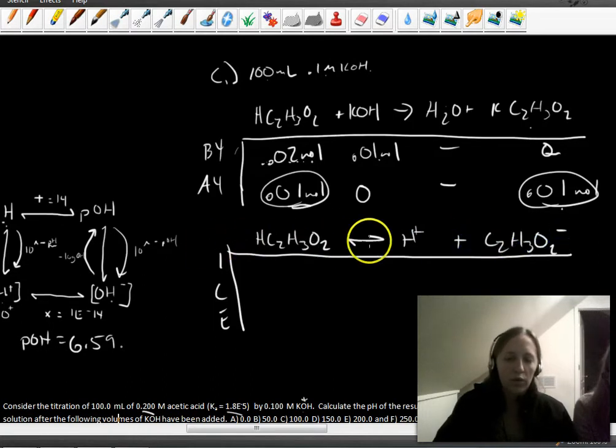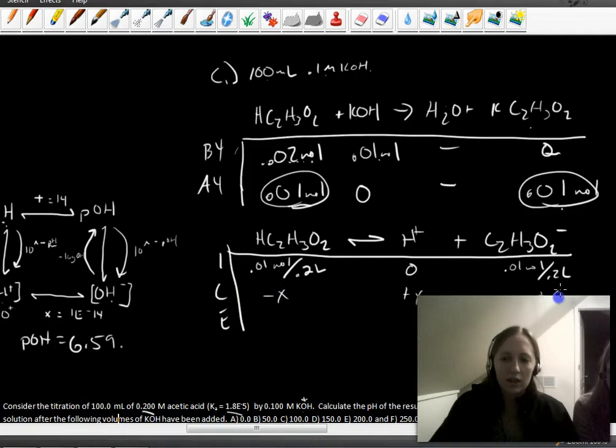Here's your equilibrium of acetic acid, which is what happens after the neutralization by the base. You've got 0.01 moles divided by the number of liters that you have now, which is 0.2 liters. This is 0. This is 0.01 moles divided by 0.2 liters, minus x, plus x, plus x.